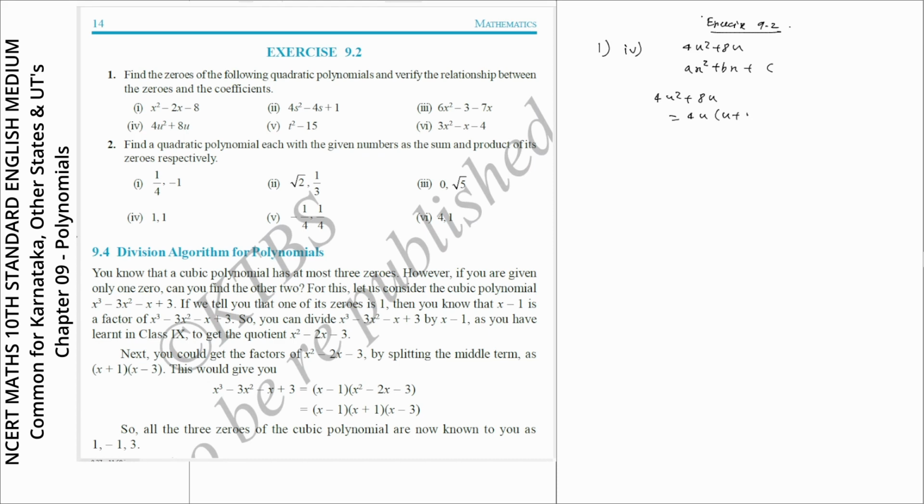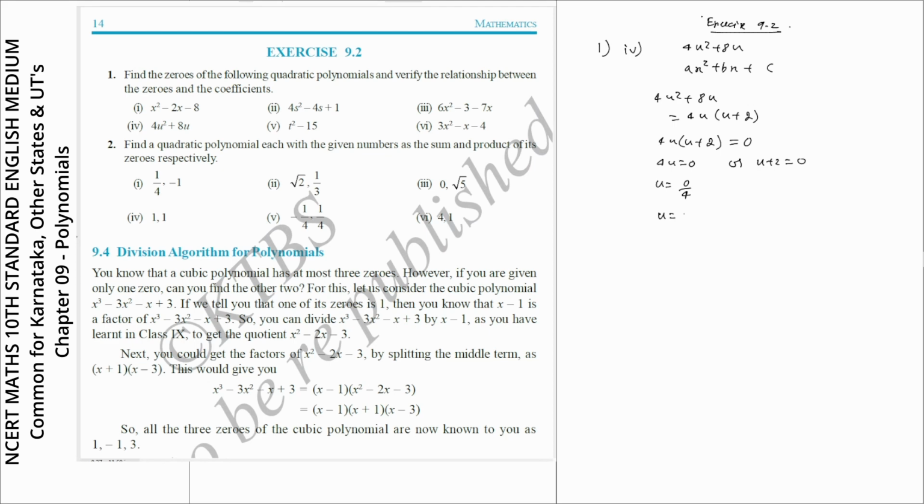4u into u plus 2. Now I will equate this to 0. To find the zeros or the roots, I should equate the given polynomial to 0. Now 4u is equal to 0 or u plus 2 is equal to 0. Now u is equal to 0 by 4, and 0 by any number is 0 only.